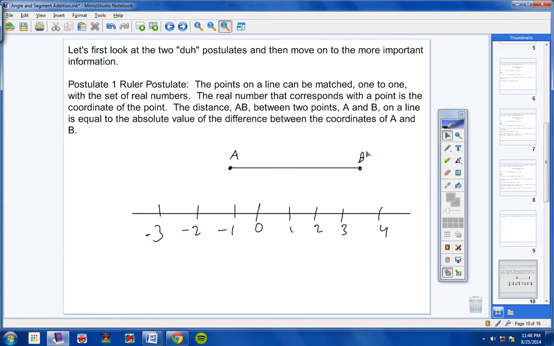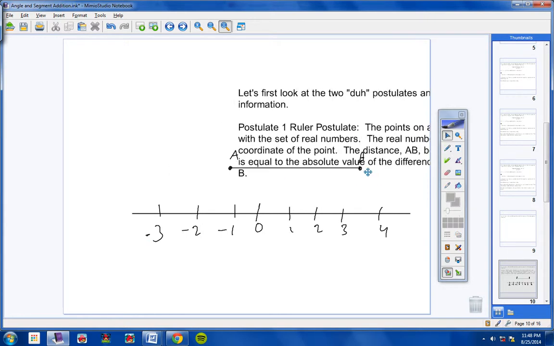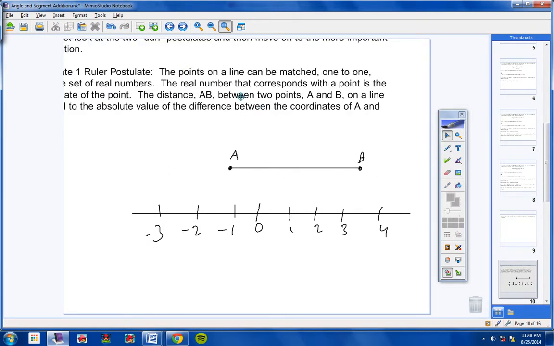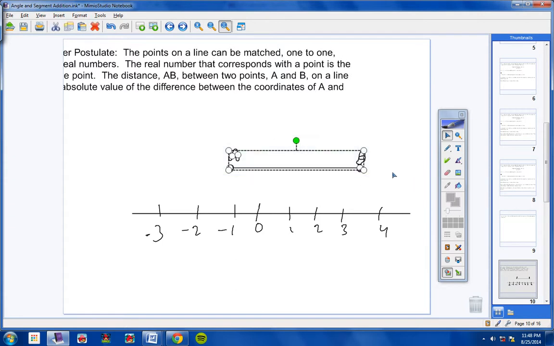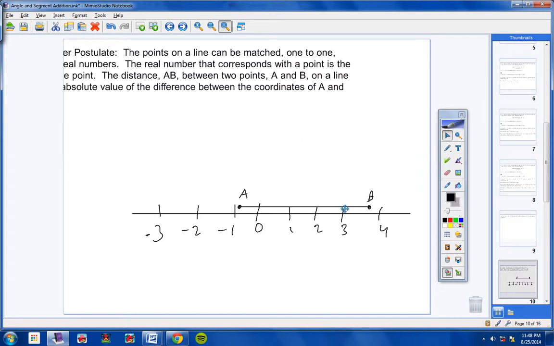If I picked this up, and I moved this segment down here and put it right here. Let's pretend just for a second that we can stretch it out to the 4 just to make it easier. There we go.